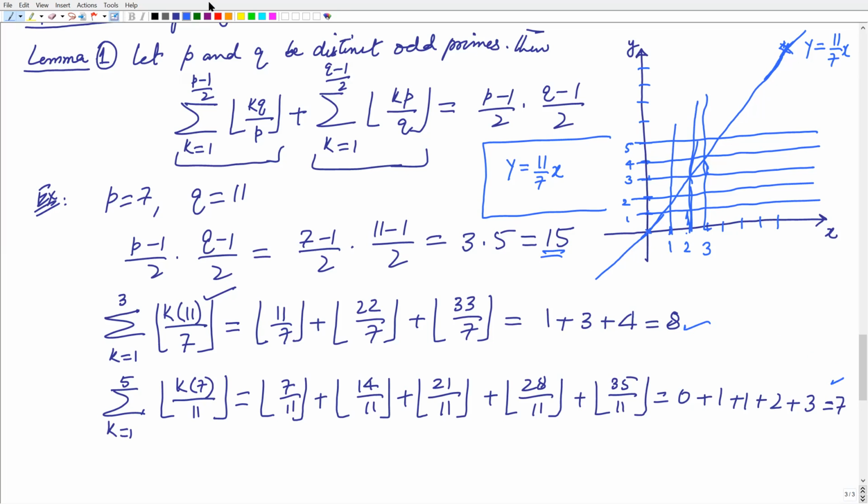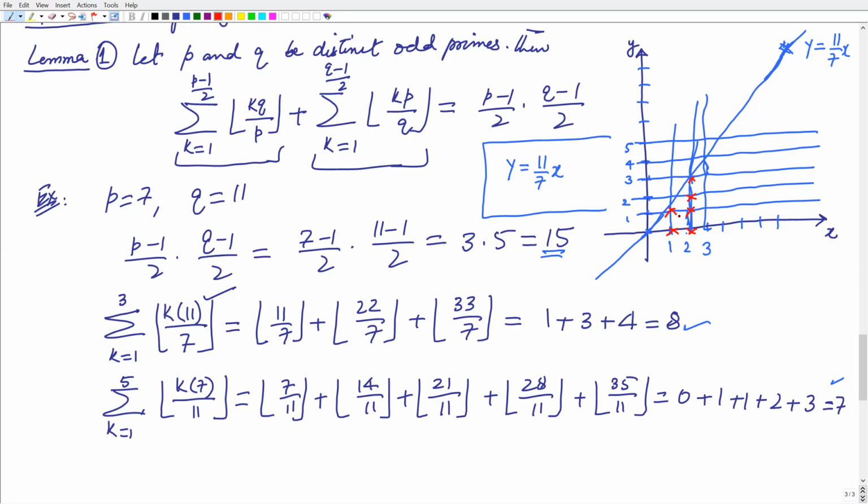So if we count them, 1, 2, 3, 4, 5, 6, 1, 2, 3, 4, 5, 6, and 1, 2.